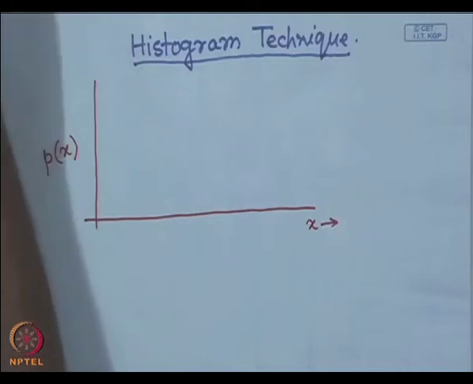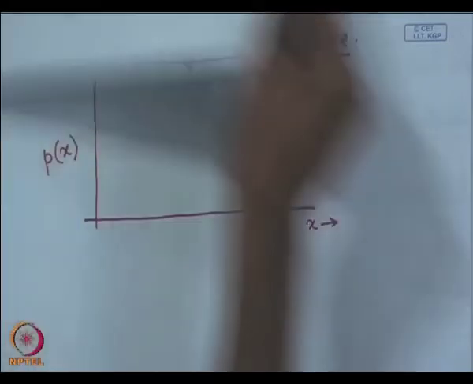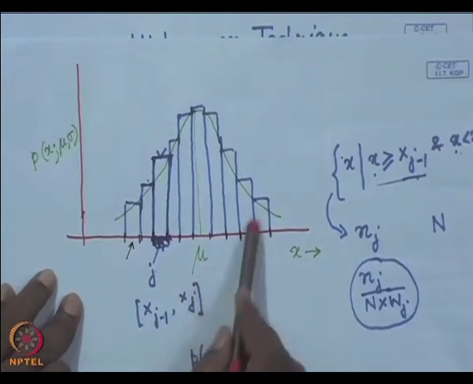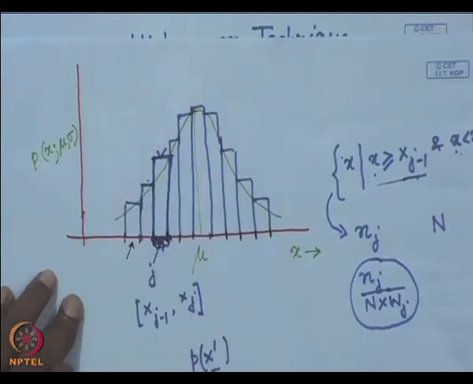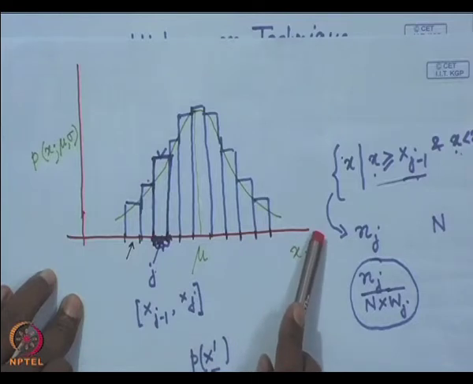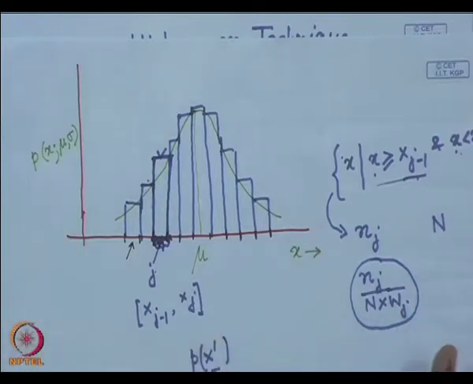As we have seen earlier, when we went for a piecewise constant approximation of a continuous probability density curve, we divide the variable axis or x axis into a number of intervals. The widths of different intervals may be the same or may be different. In general, different intervals will have different widths, but for simplification we can make all the widths the same.